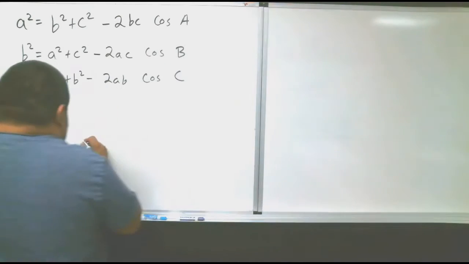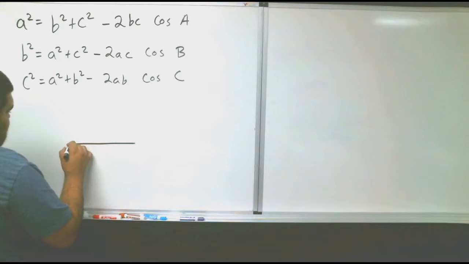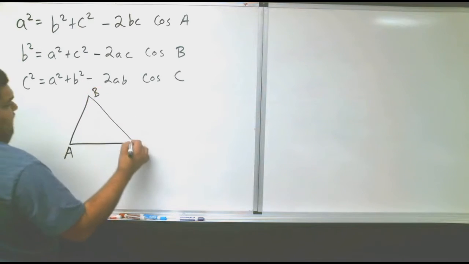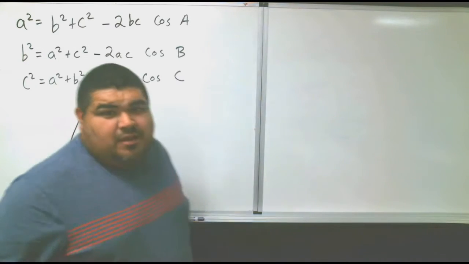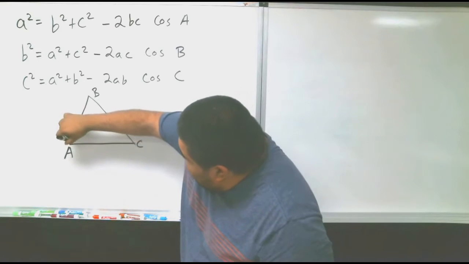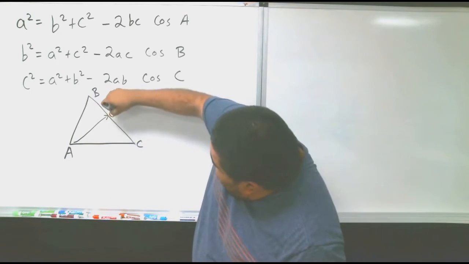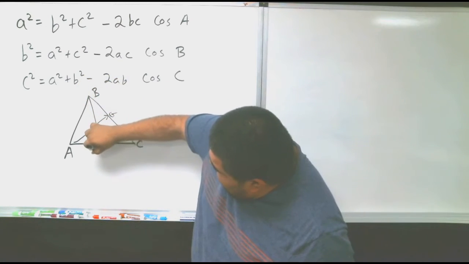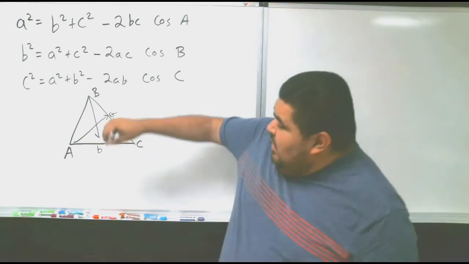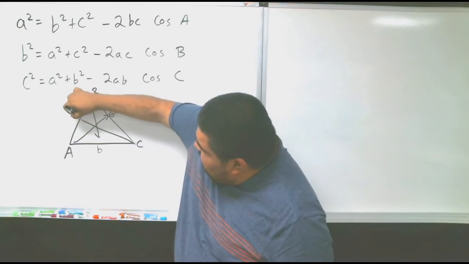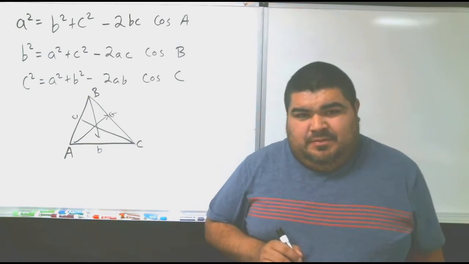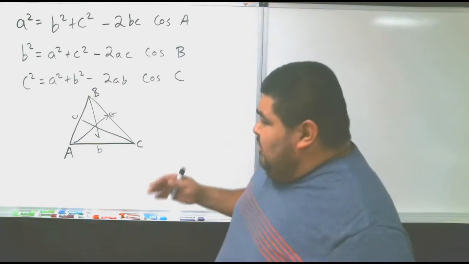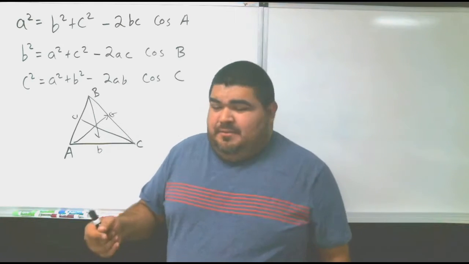Meaning if you remember our triangle, if you have capital A, capital B, and capital C, across from A the side is little a, across from B is little b, and across from capital C is lowercase c. So again, you need to have two sides and one angle in order to solve for that third side.